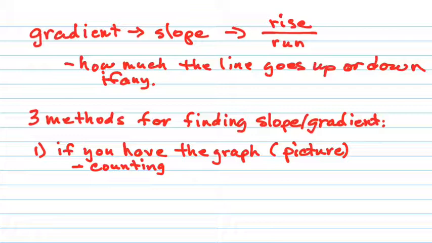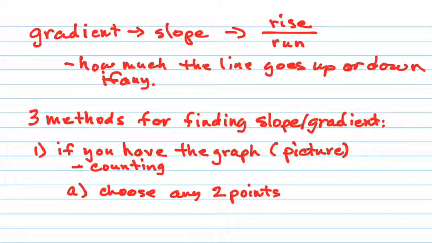So be careful. Okay. And the counting method takes advantage of the fact that you know that it's just how much it goes up versus how much it goes over, or down and right, or down and left, etc. So what we're going to do first is just choose any 2 points on the line.